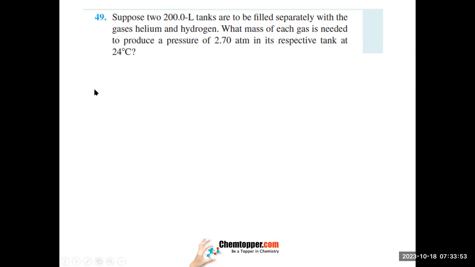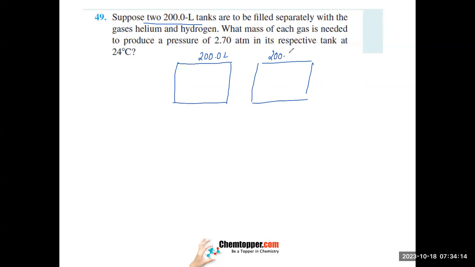So here, two 200-liter tanks. So there are 2 tanks. And what's the volume of these tanks? 200 liters. So both the tanks are of the same volume, 200 liters. One container has helium, other container has hydrogen.